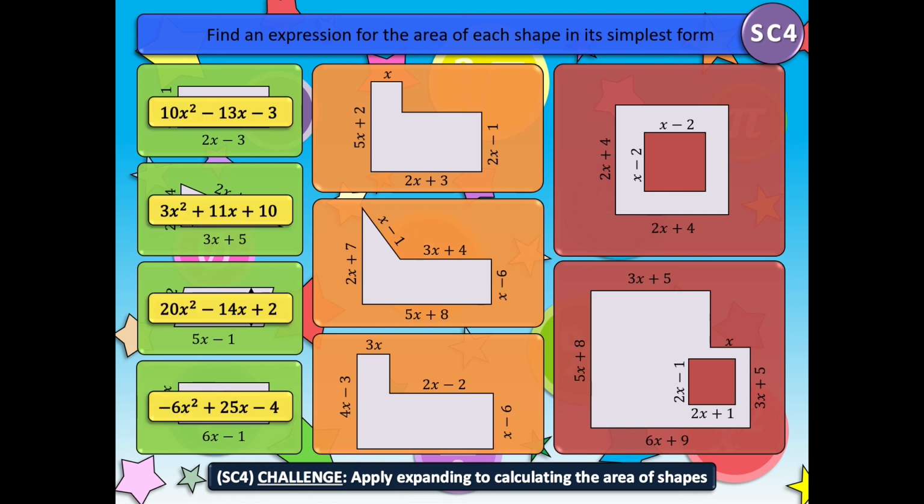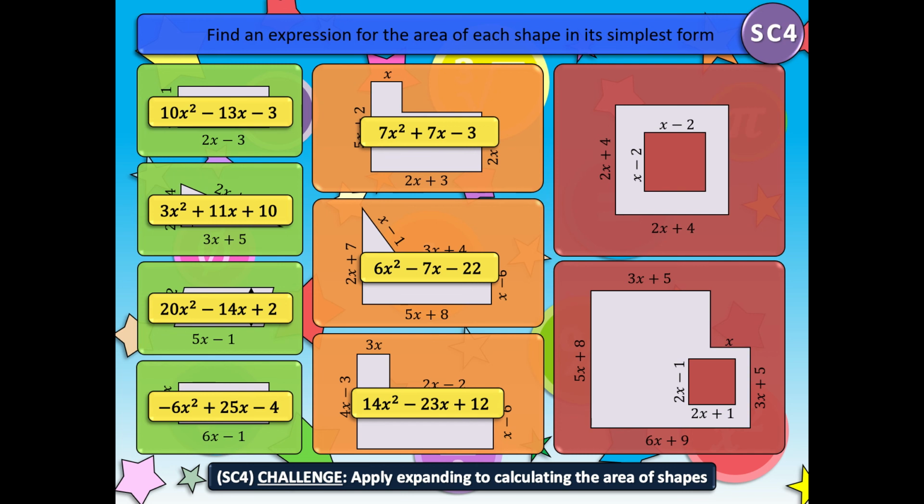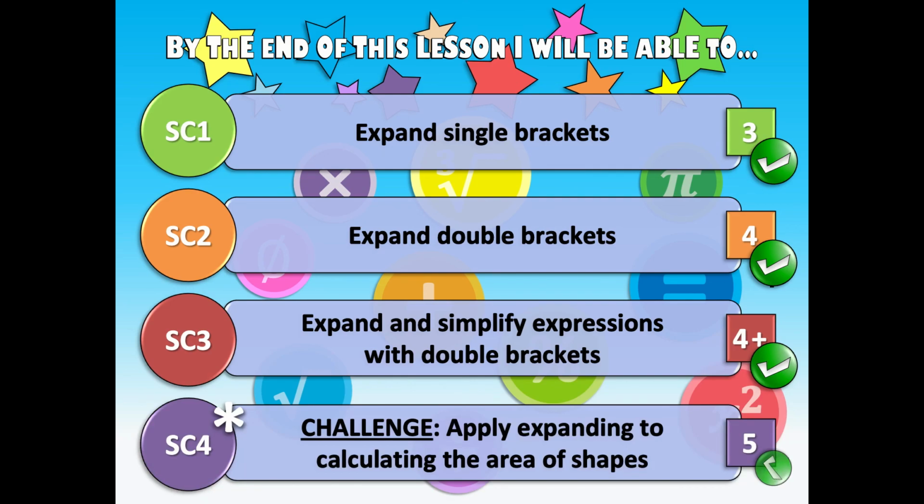So there's your green answers, there's your amber answers, and there's your red answers. And now we've completed success criteria 4.